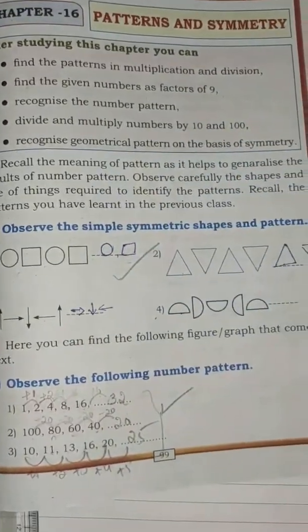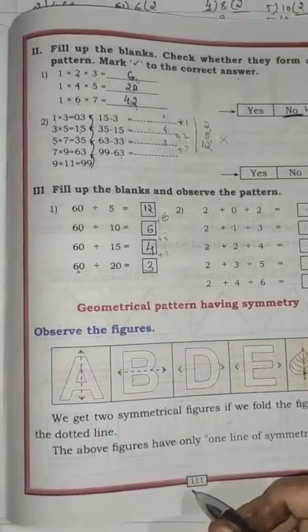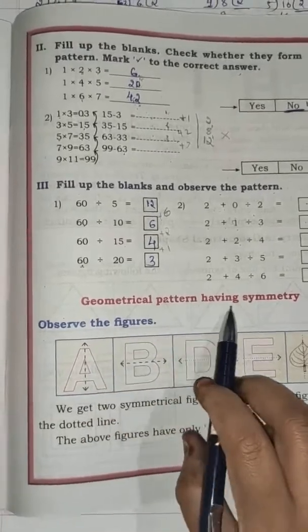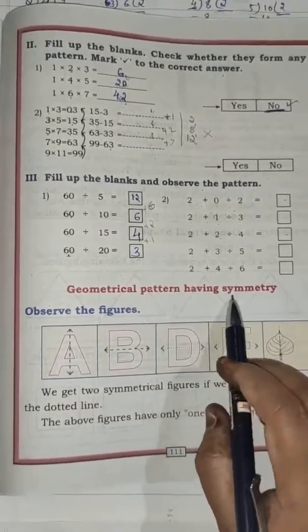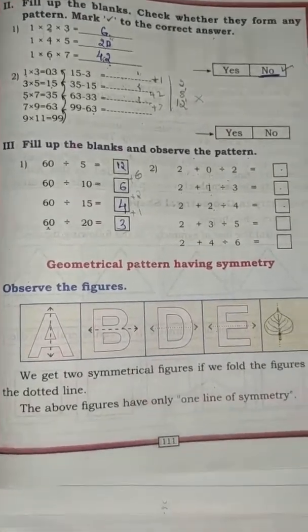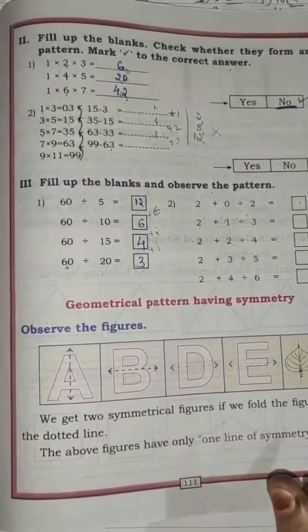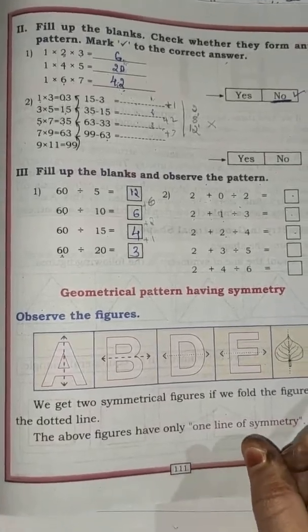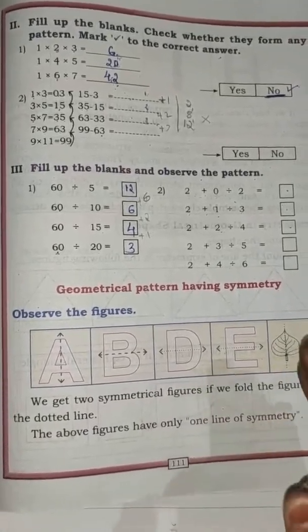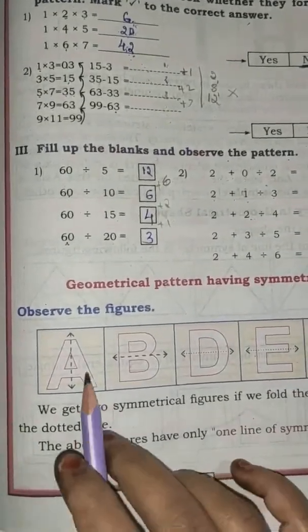Open page number 111. Geometrical patterns having symmetry. First, let us know the meaning of symmetry. An arrangement of a regular, identical, systematic figure which lies on either side of a line is called symmetry. Here, just observe these figures.